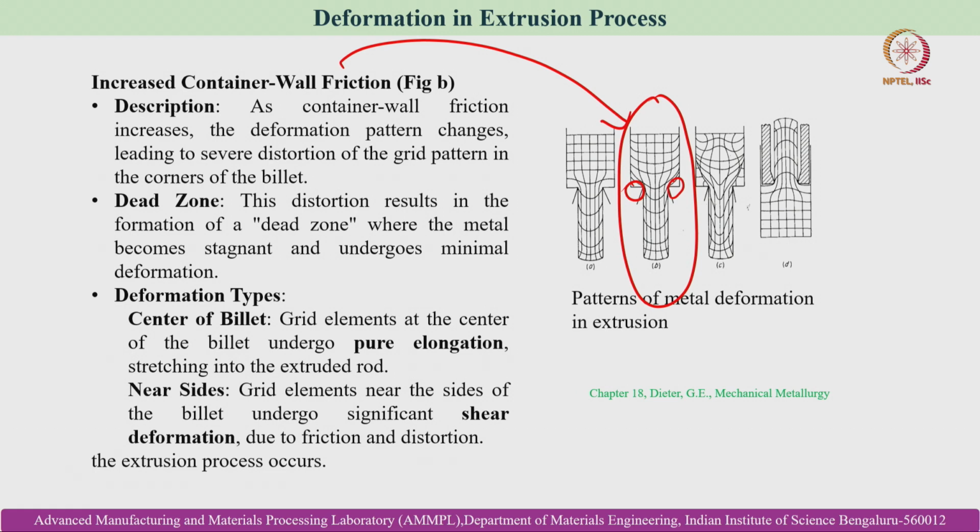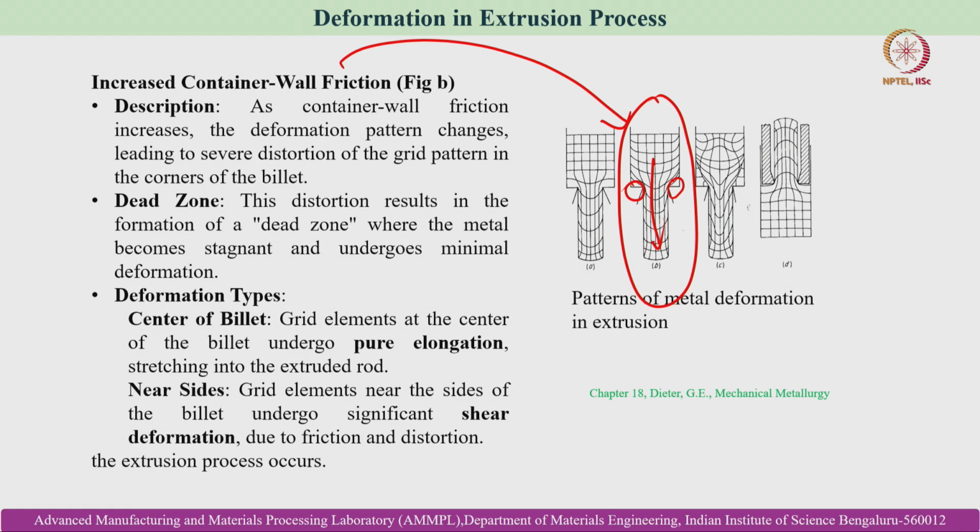As you can see from the deformation of these grids, the material is flowing from the center of the workpiece to the bottom, to achieve the shape of the extruded billet. However, the metal which remains at the corners of the container wall does not undergo deformation at all, and hence it facilitates the formation of the dead zone.